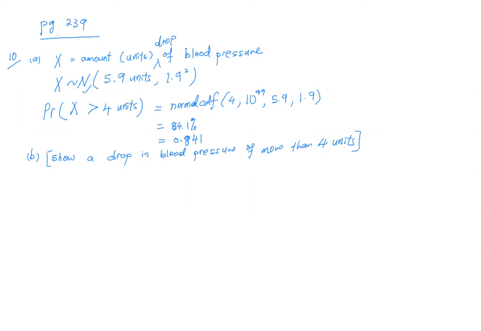So do you know the probability for this to happen? 84.1%. Okay, 0.84, correct? So you think that part B is a normal distribution or a binomial distribution?